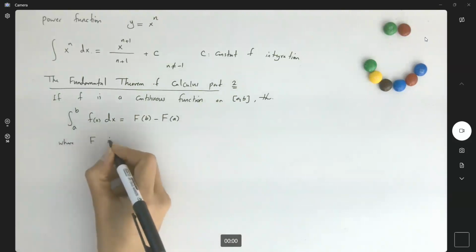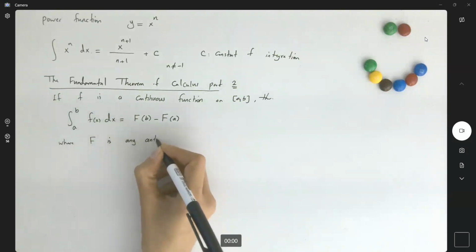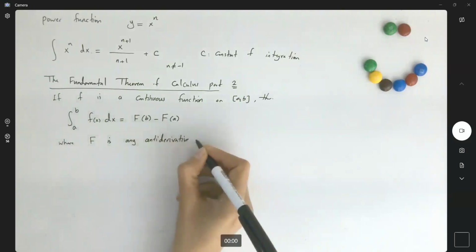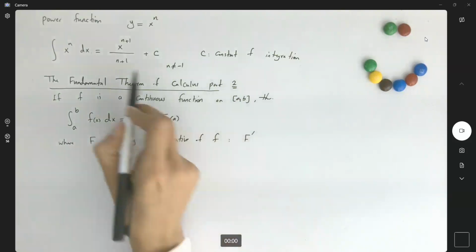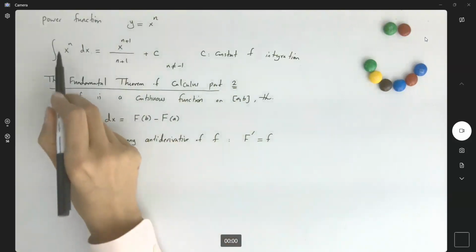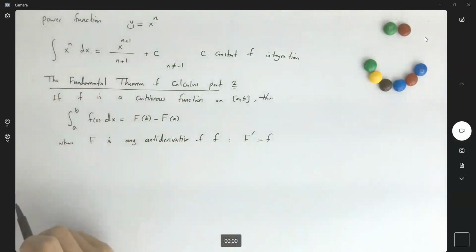where F is any antiderivative of f. What's the meaning of that? It means that if I take the derivative of F, it must be equal to the integrand, the function inside the integral.